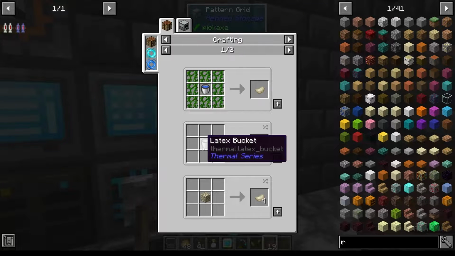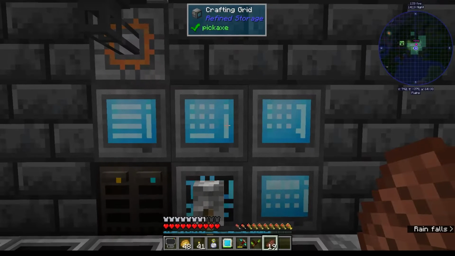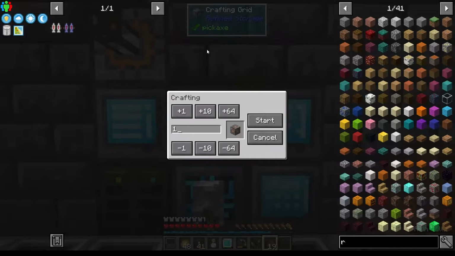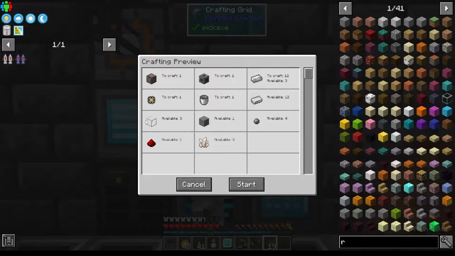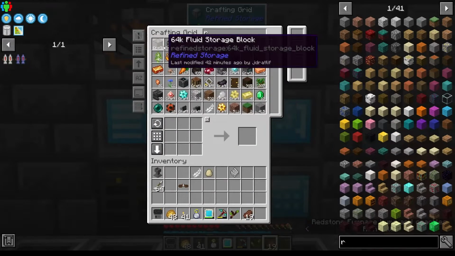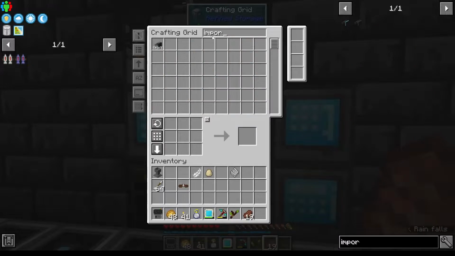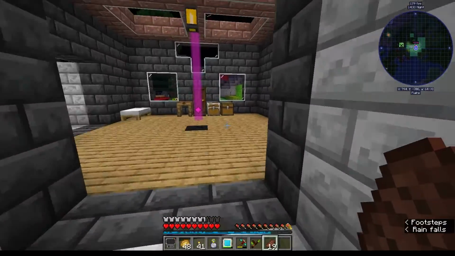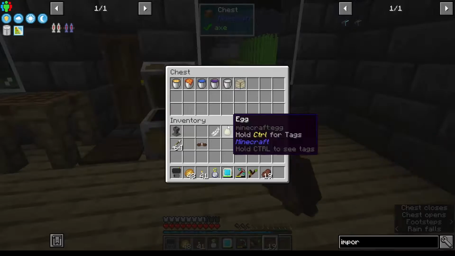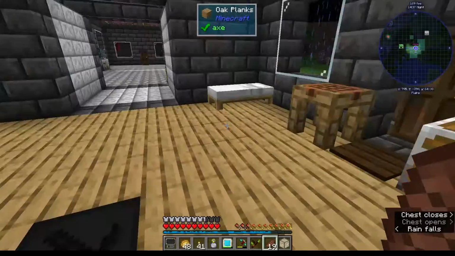Yeah. So we need a way to get a latex bucket, which means we need to put latex in a system. Can I make this? Yes, I can. So we're going to put this in a system. We'll need another importer to import that. And where is that bucket of latex? Here you are.